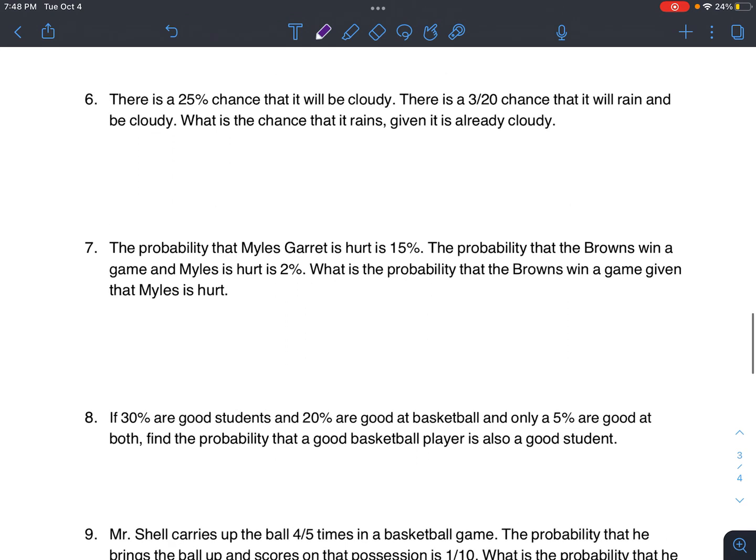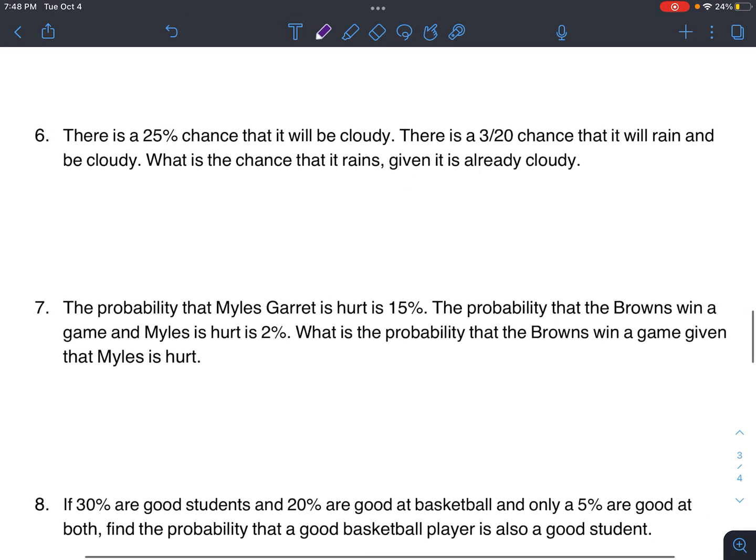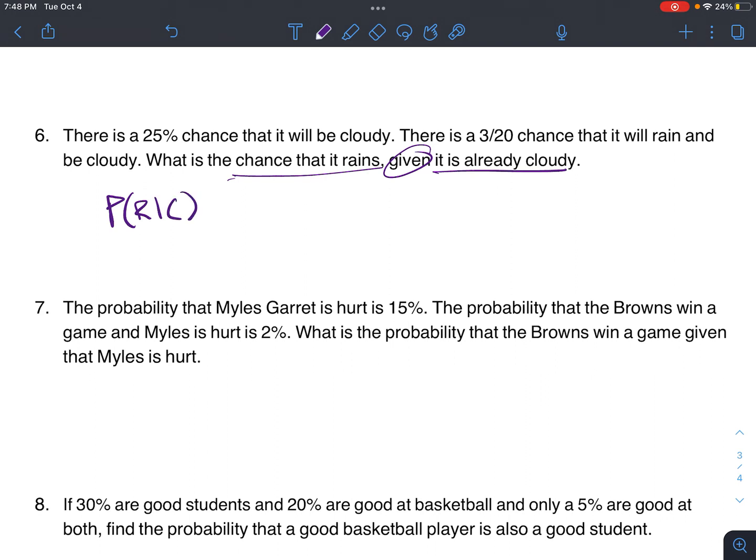So that's that. So there's a 25% chance it'll be cloudy, and a 3/20 chance it'll rain and be cloudy. So what's the chance it rains given it's cloudy? So we want the probability that it rains given it's cloudy. So that's going to be the probability that it rains and is cloudy over the probability that it's cloudy. And so we just fill in stuff.